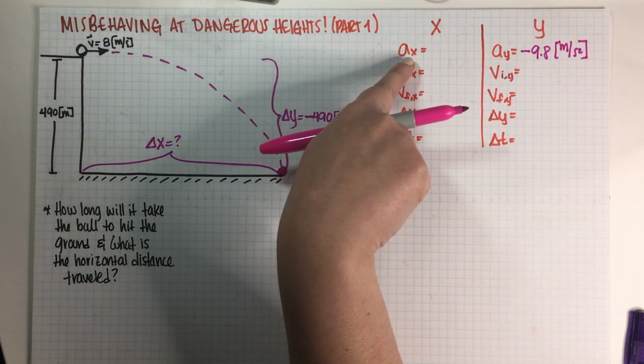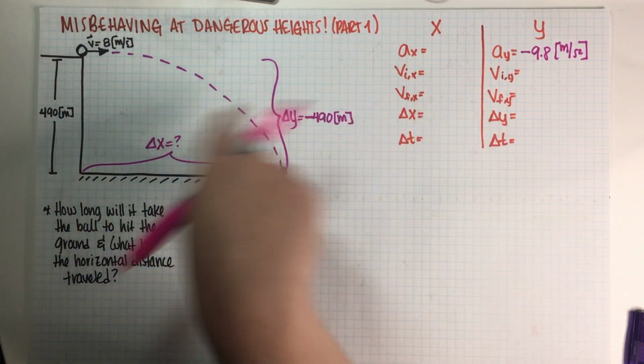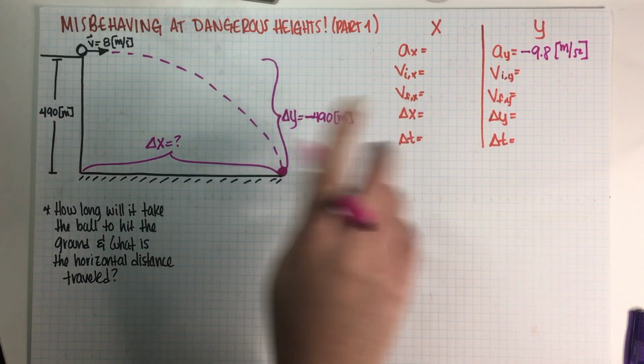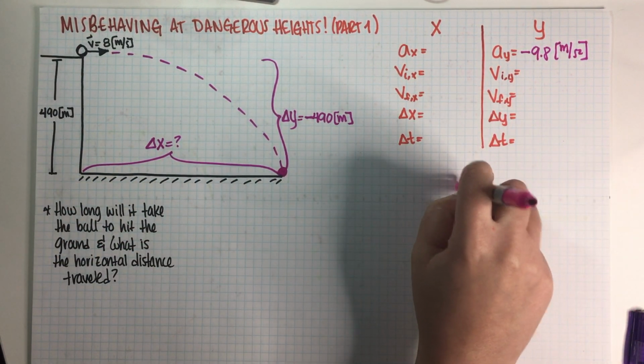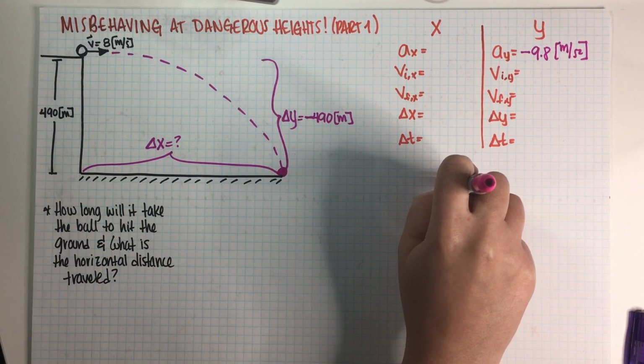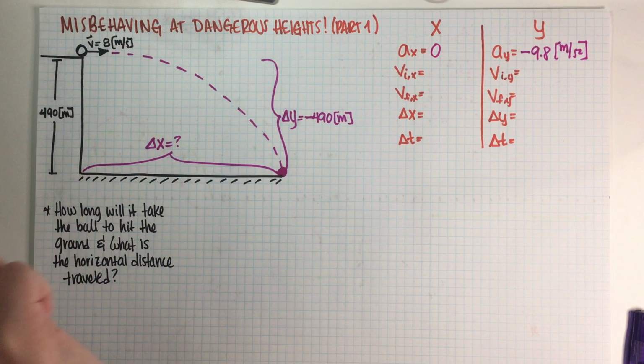I do have an acceleration on x because nothing is pushing the ball horizontally. Once the ball has left Tommy's hand, the problem says ignore air friction. So we're just gonna go ahead and do that, and that basically means that this is 0.